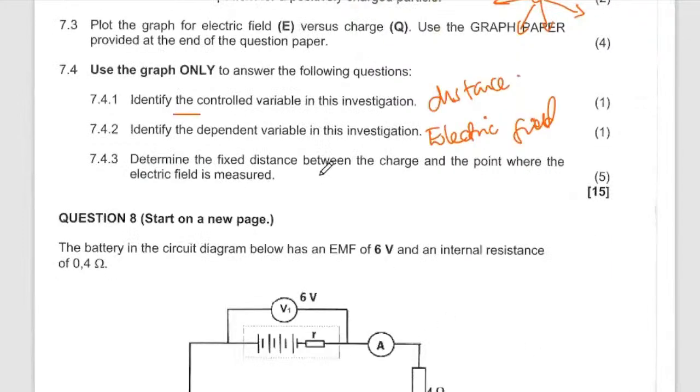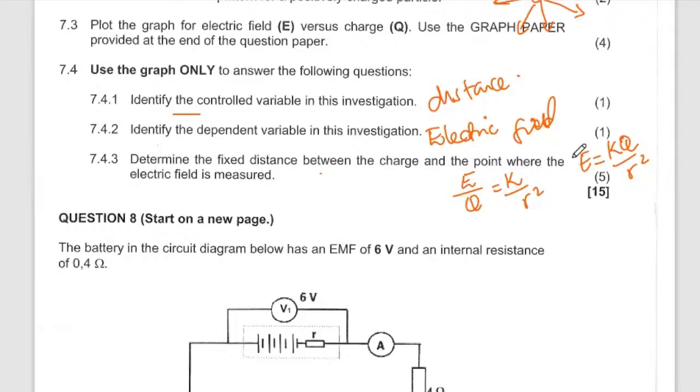And then determine the fixed distance between the charges. In this case, we can find the gradient, which will be E over Q. Remember, from our E = KQ over R squared, this gradient must be equal to K over R squared.